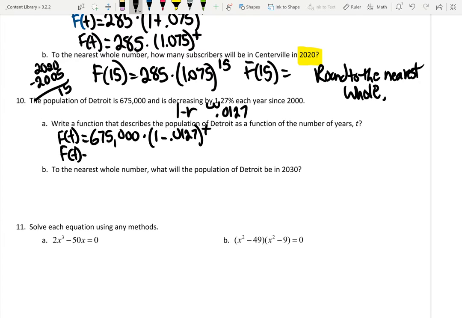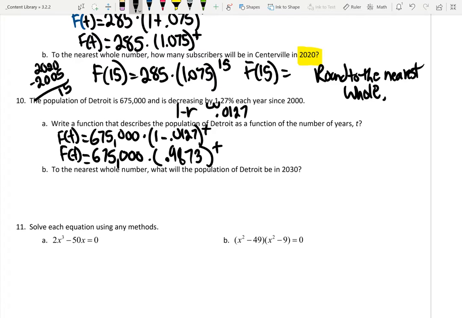I can simplify this by rewriting the difference. I use the calculator: 1 minus 0.0127 is going to result in a difference of 0.9873 to the t power.